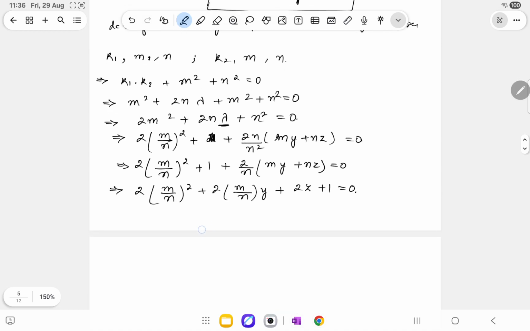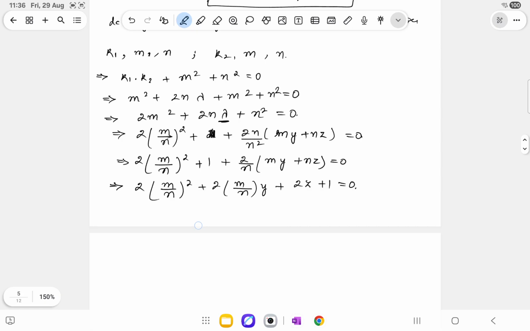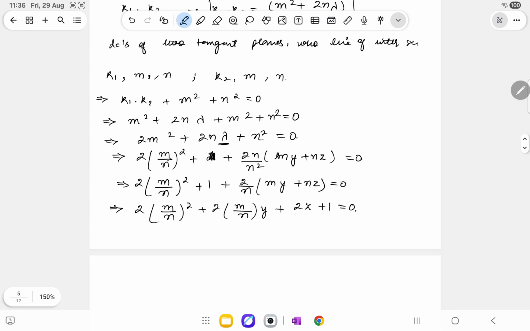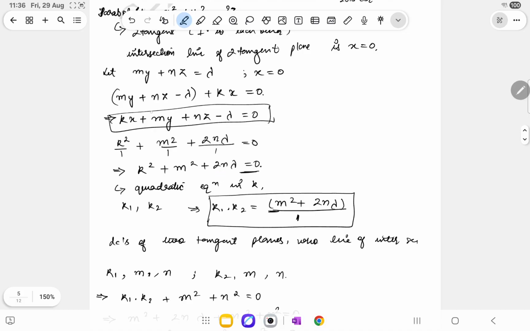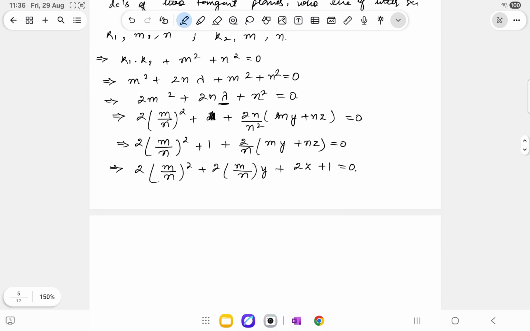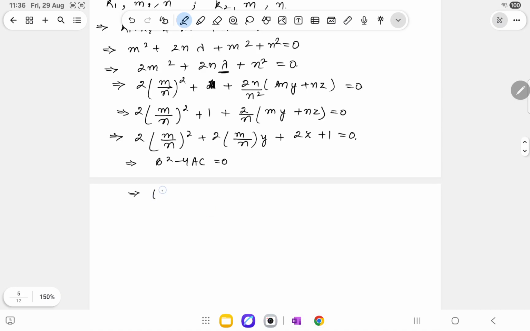If this is a tangent plane to the given paraboloid, then we must have only one root of this equation in m by n. So the discriminant must be equal to 0. If we calculate the discriminant, we'll get 2y square minus 4 into 2 into 2z plus 1 is equal to 0.